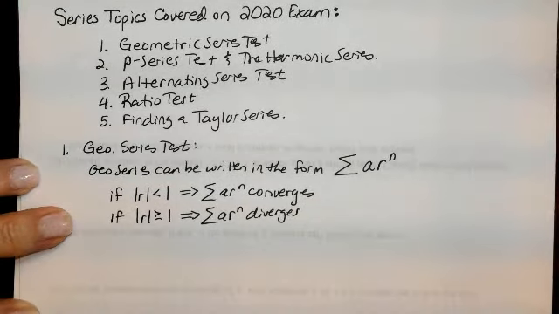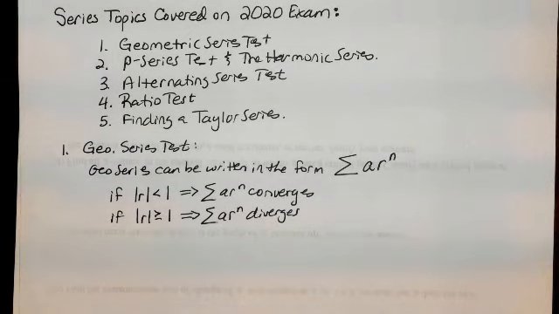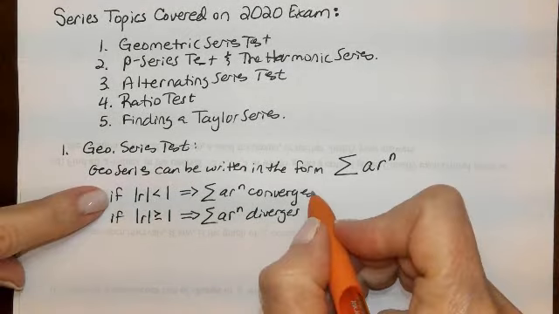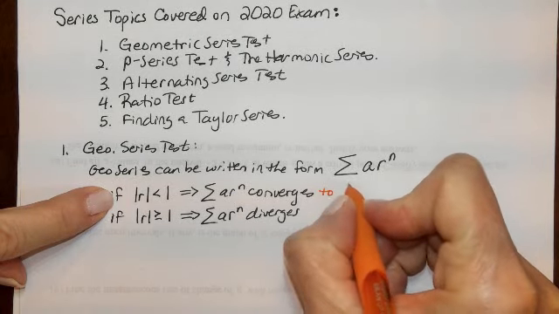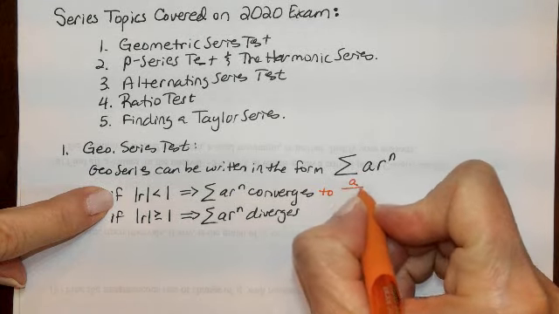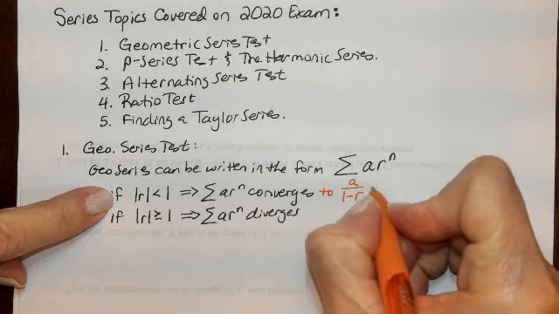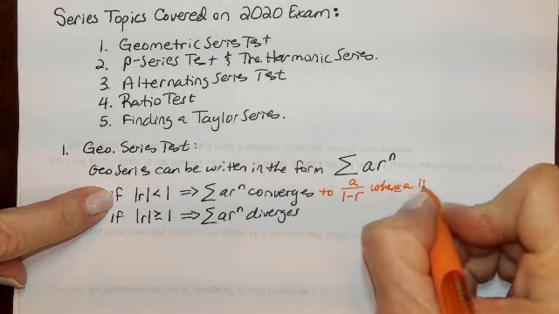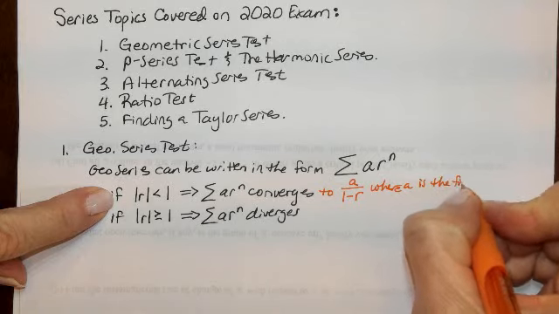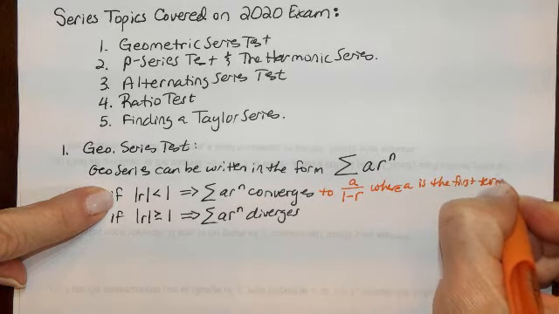Okay. Also, one more thing about the geometric series. If it does converge, it converges to a over 1 minus r, where a is the first term in the series.